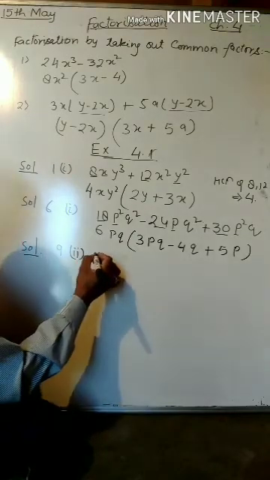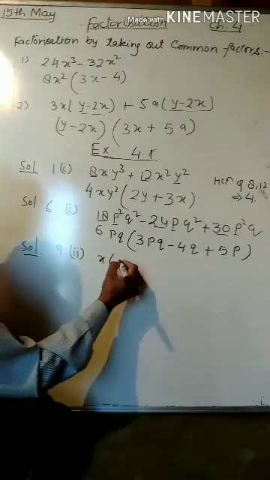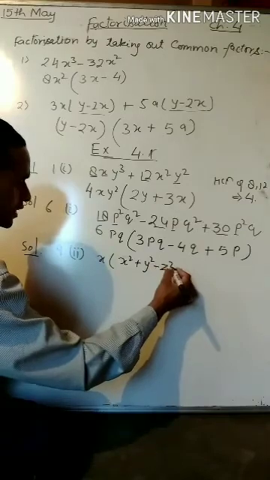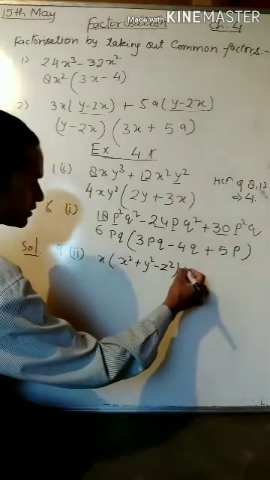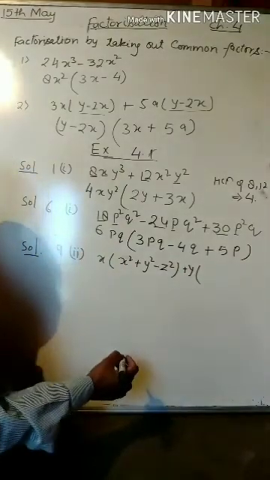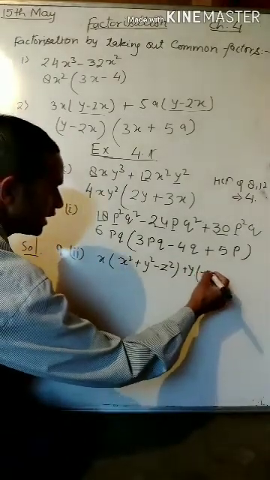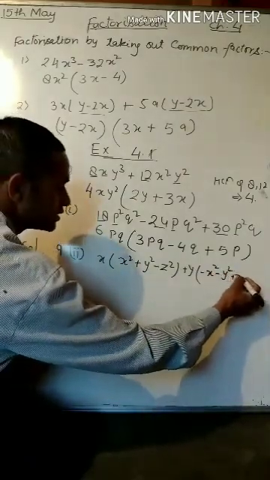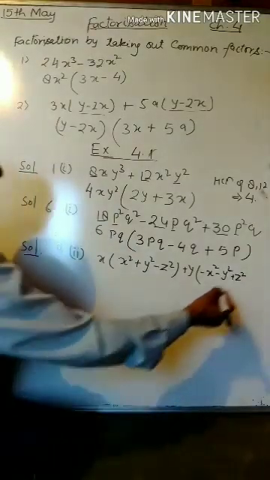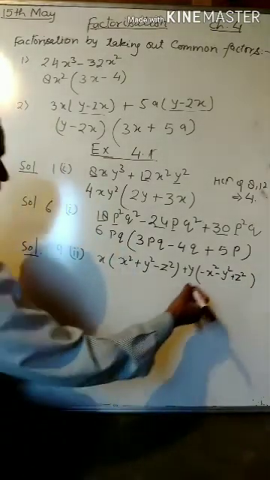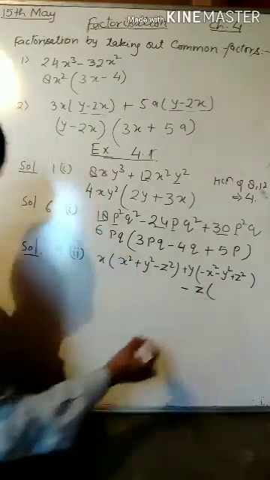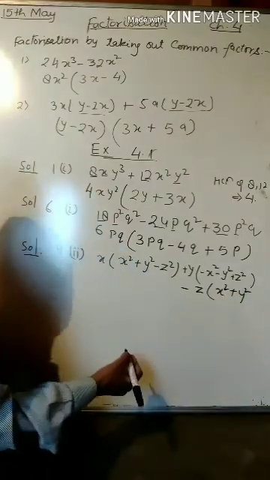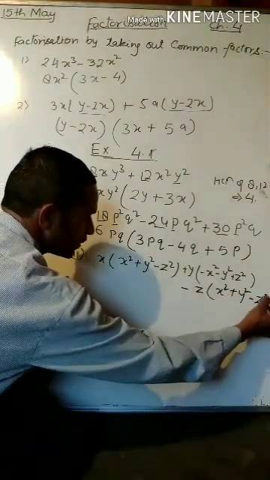The question is x into x square plus y square minus z square, plus y into minus x square minus y square plus z square, minus z into x square plus y square minus z square.